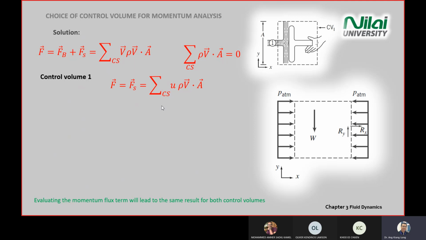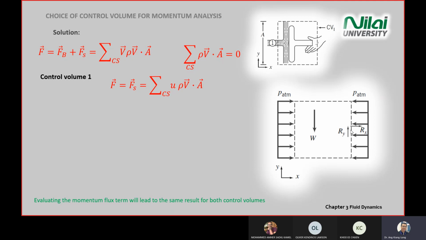Then we draw the free body diagram by looking at control volume number 1. You draw the dotted square here, and then you input all the forces onto the free body diagram. It will take some time to practice and understand how to do it, but practice will help you further your understanding.